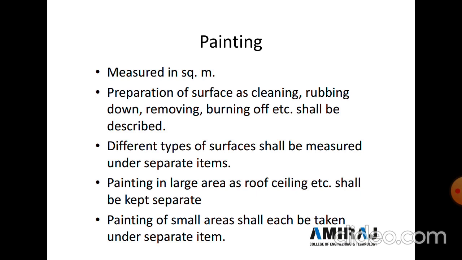And preparation of the surface, such as cleaning, rubbing down and removing the burning, etc., shall be described. Different types of surface, such as steel, wood, fiber, concrete surface, shall be measured under separate items. Painting of a large area, such as roofing, roof, ceiling, etc., shall be kept separate.